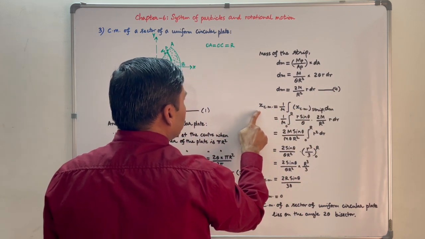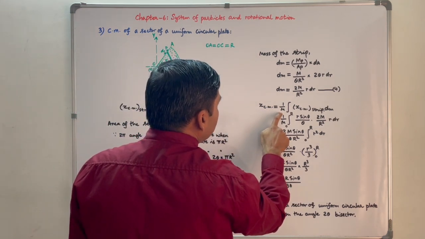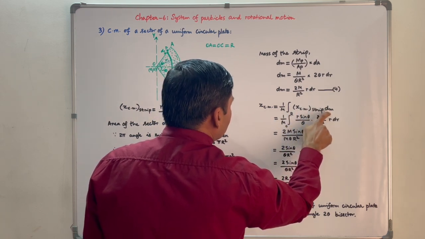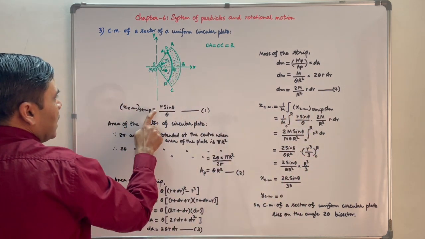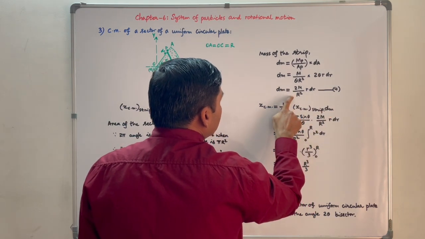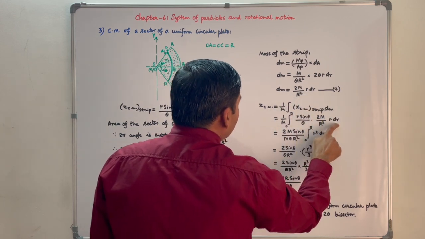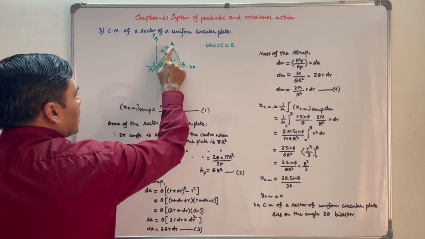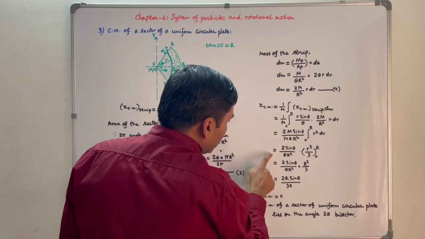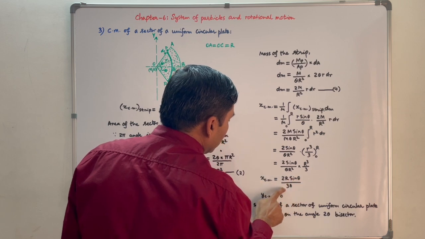X coordinate of center of mass of this sector of uniform circular plate is given by 1 by M integration of xcm of strip into mass of the strip. Xcm of the strip is r sine theta upon theta and mass of the strip is 2M upon capital R square into small r dr. Small r varies from 0 to capital R, so we can put these limits 0 to capital R. So xcm comes out to be equal to 2 capital R sine theta upon 3 theta.